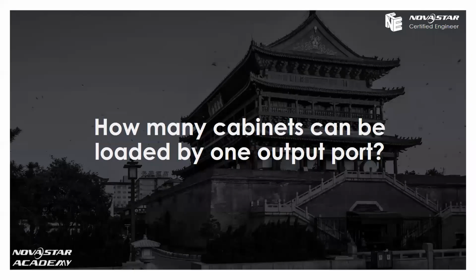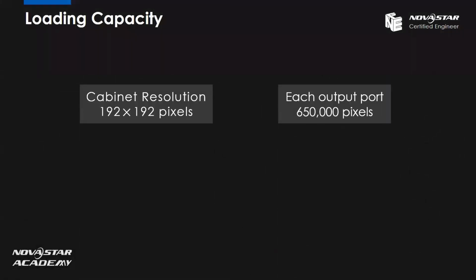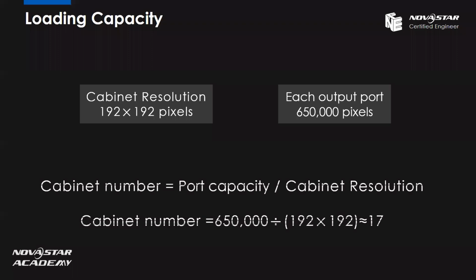Okay, after we know how to get the pixel resolution, how many cabinets can be loaded by one output port? Let's look at another example. Here the cabinet resolution is 192 by 192, and we know for each output port, the loading capacity is 650,000 pixels.